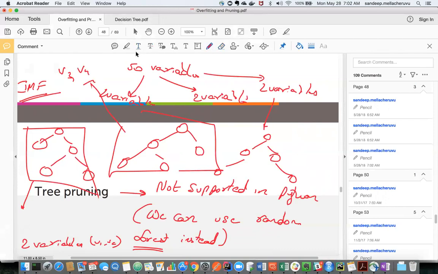But we are still going to address this concern, we are going to understand what tree pruning is and how to do it. But in Python, we cannot show it. Is that fine? Because we have a better technique. I'm going to explain pruning because this is an important topic if you go for any interviews.